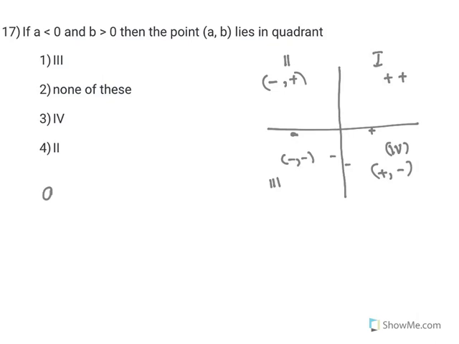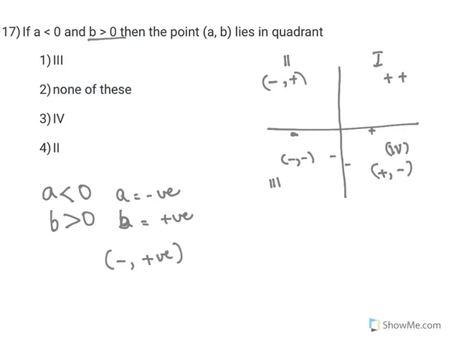Now if a is less than 0, means a is negative, and b is greater than 0, means b is positive. (a, b) will lie in which quadrant? So it is negative, positive. So where is negative, positive?